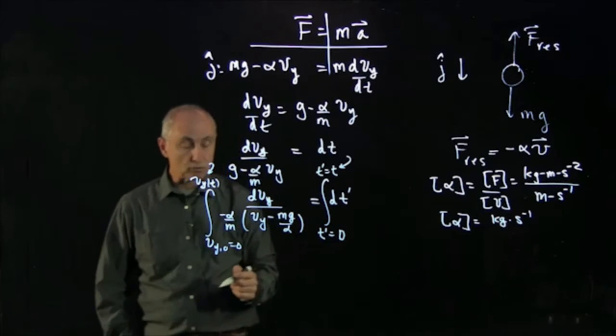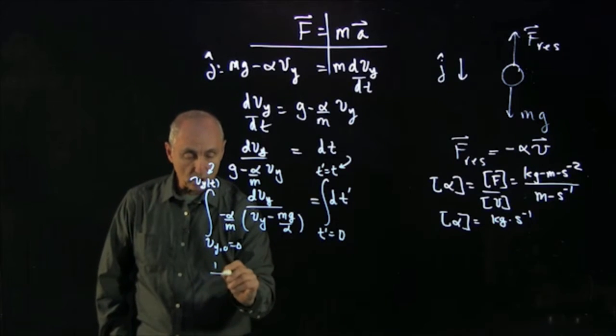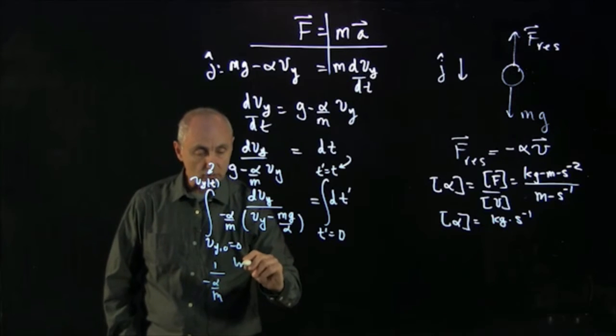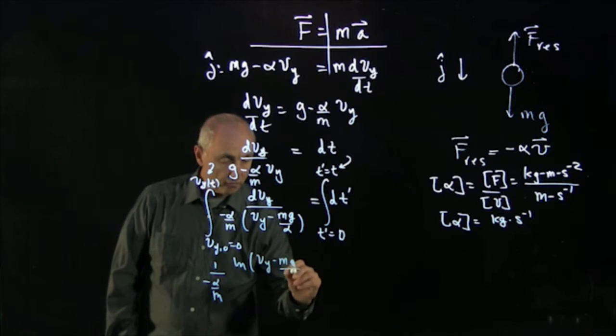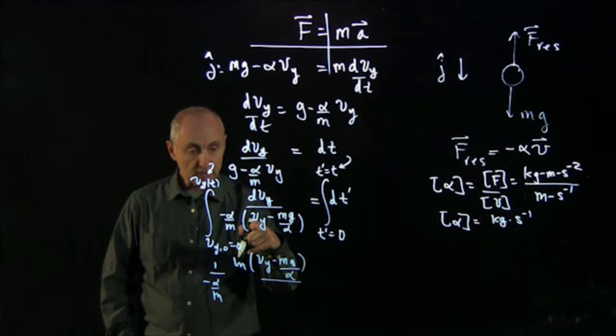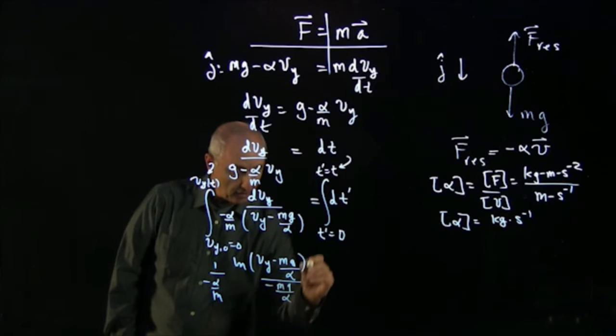So this is our variable, and the velocity is a function of time. Now, doing this integral, first off, this constant term comes out. So we have 1 over minus alpha over m. And the integral is just a natural log integral of vy minus mg over alpha. In the lower limit, vy is 0, and we have just minus mg over alpha.